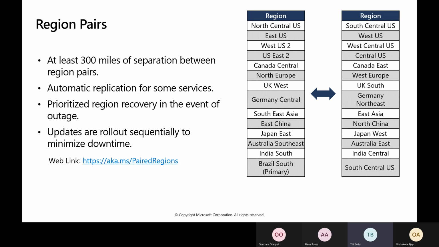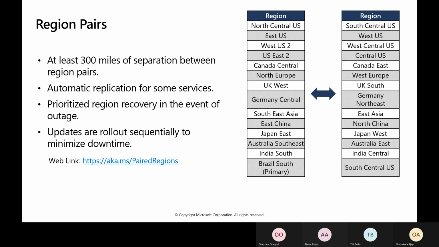If you look at the screen, like I was saying earlier, you have different geographies, like the US, Europe, the Middle East, Africa. In each of these geographies, you have your different regions, like North US, West US, North Europe, West Europe, UK, Germany, and so on.